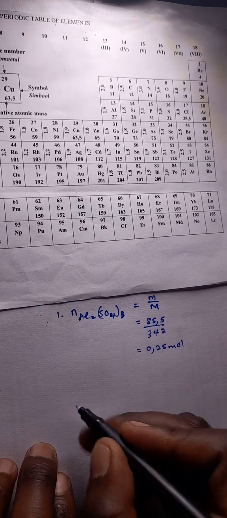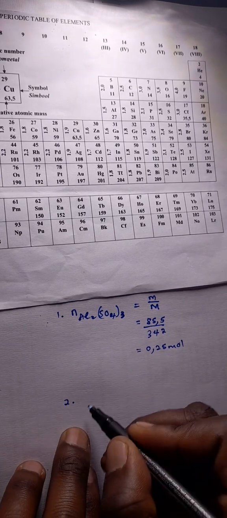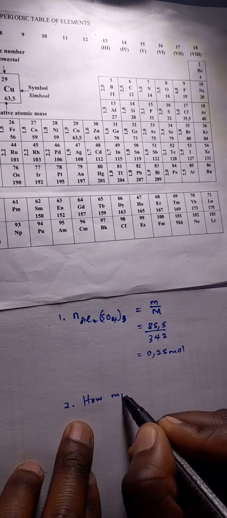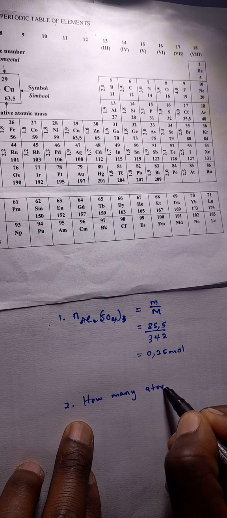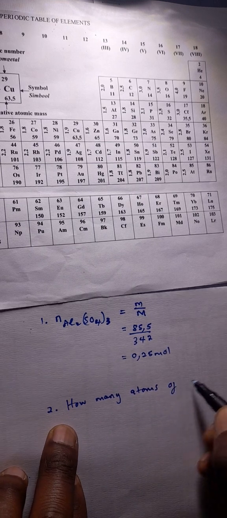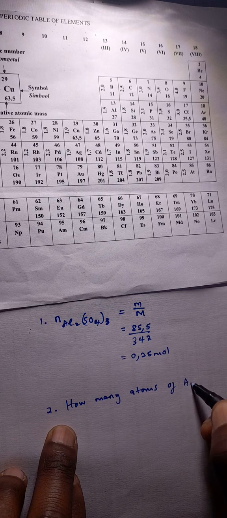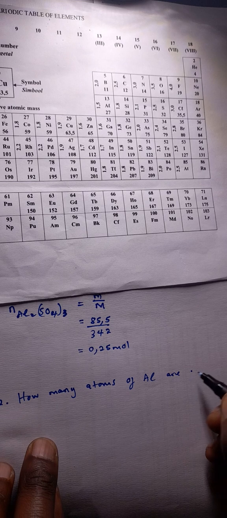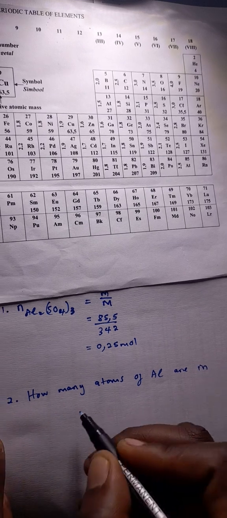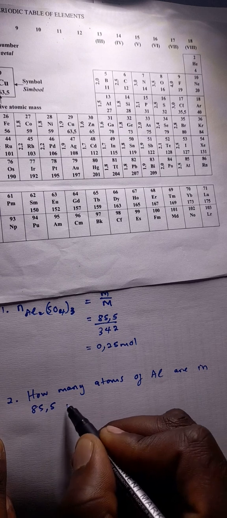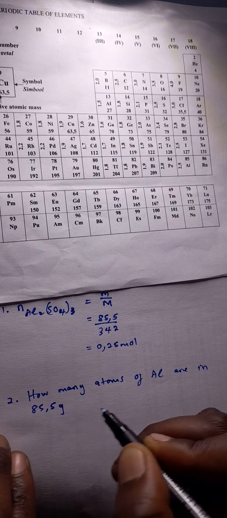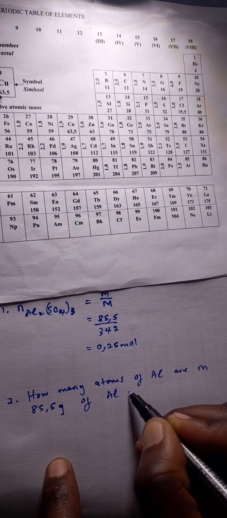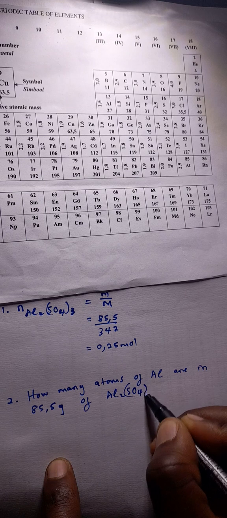Question number 2 says, how many atoms of aluminium are in 85.5 grams of aluminium sulfate.